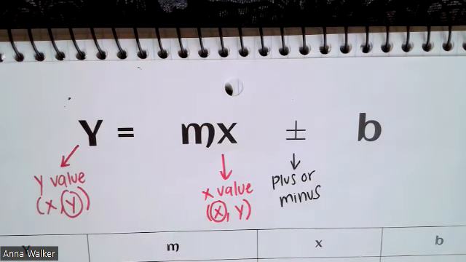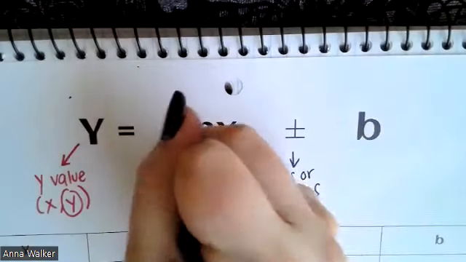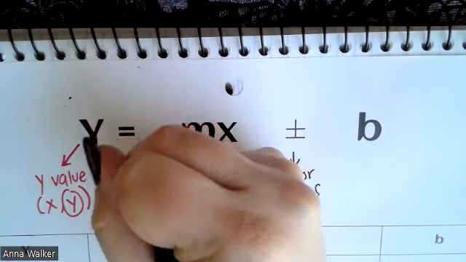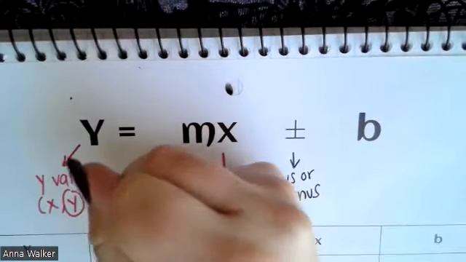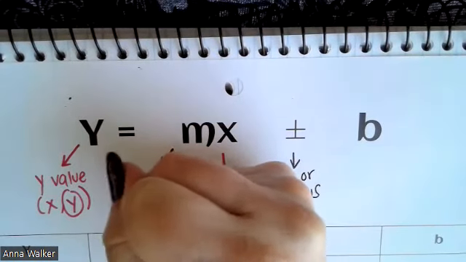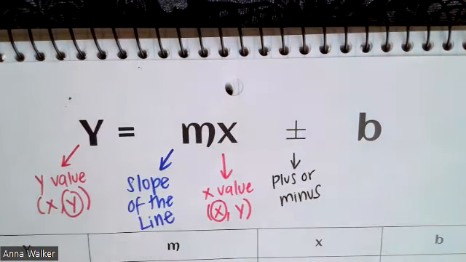Okay. M, which I don't know why they picked M, if I need to get on my soapbox for a second, stands for the slope of the line. The slope of the line. So we'll get a little bit more into what the slope of the line is, but slope has to do with steepness, like how steep or how flat the line is.